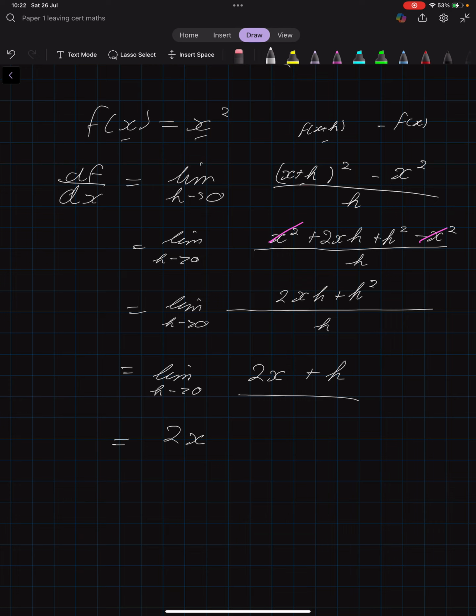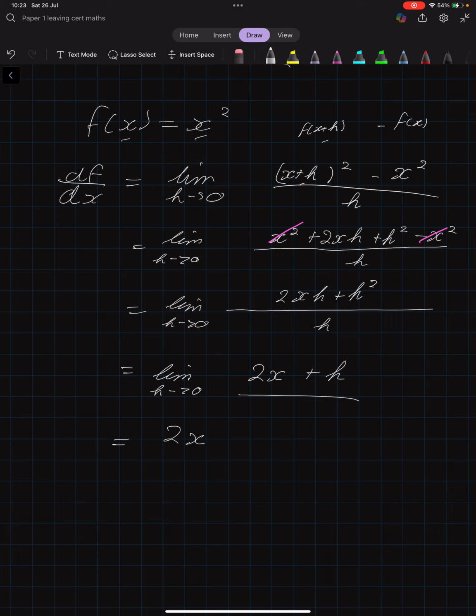What I'm saying is that h is so small and so tiny that if I have 2x plus h, I can say, well, the plus h is going to be 0.001, 0.0001, 0.0000001. It's so small, I can kind of just round it off, is probably the best way of saying it, okay? That h is so tiny and therefore I don't care about it. It's too small, round it off, so I just get 2x.